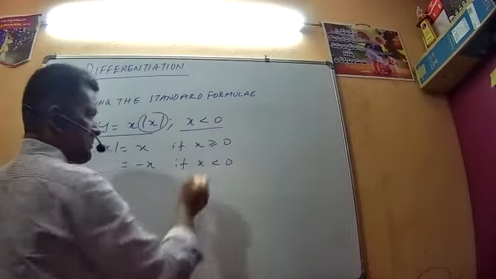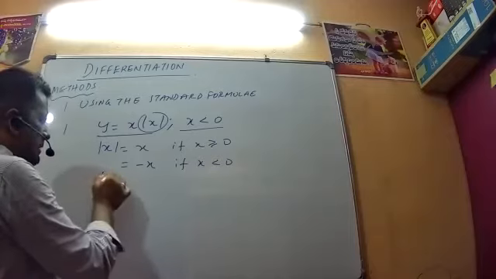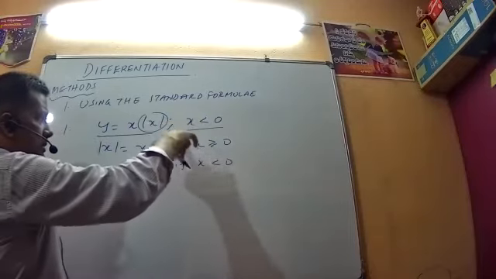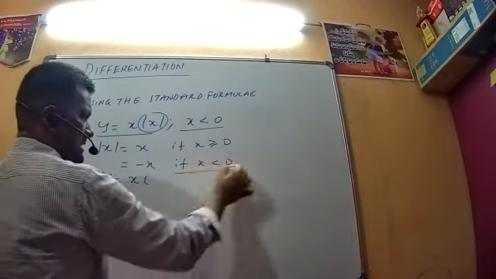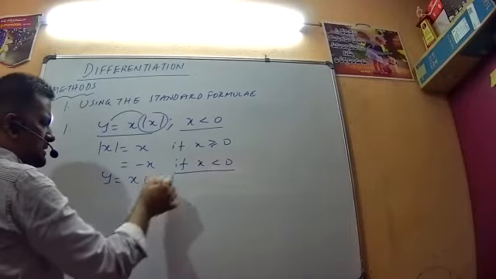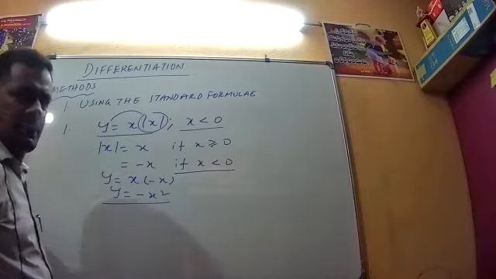As mentioned in the question itself, x is less than 0, so mod x is equal to minus x. So y will become x into minus x, so y is equal to minus x square. Now differentiate with respect to x.